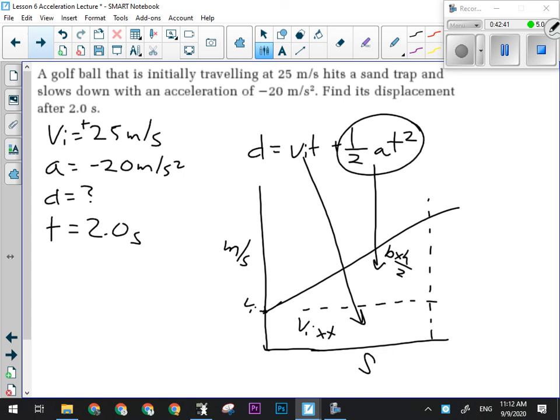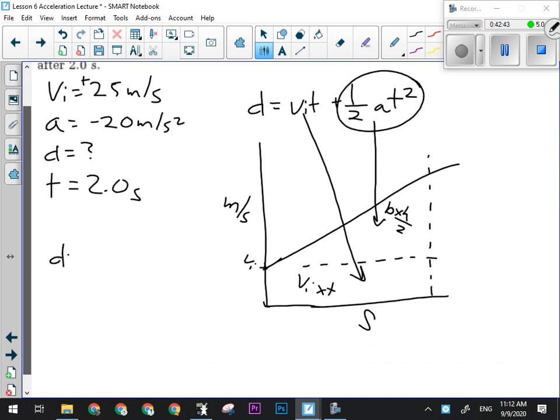So for this one, I'm solving for D, which means I don't need to manipulate the equation. So I have VI times T plus 1/2 AT squared. VI was 25 times, sorry, these are all vector quantities, 25 times 2, that's my time, plus 1/2 times negative 20. It's crucial that I remember to put the negative in there. Times 2 squared, T squared.